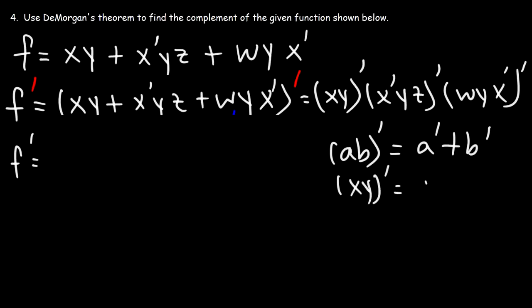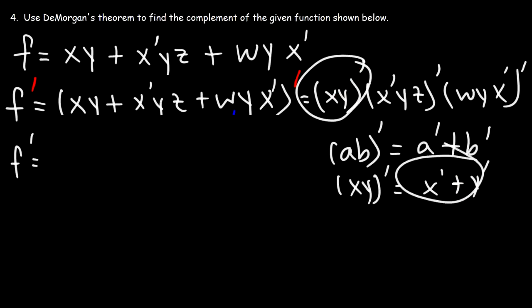So that's going to be X prime plus Y prime. So notice that we need to distribute this complement symbol to X and Y. In order to distribute it to X and Y, we got to change the multiplication that's between them into addition. So let's go ahead and replace this with X prime plus Y prime.